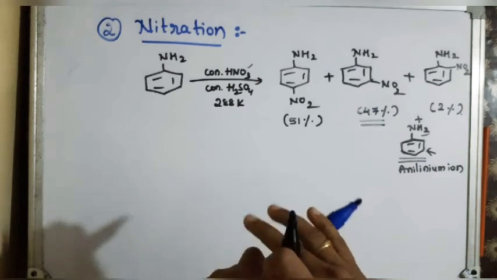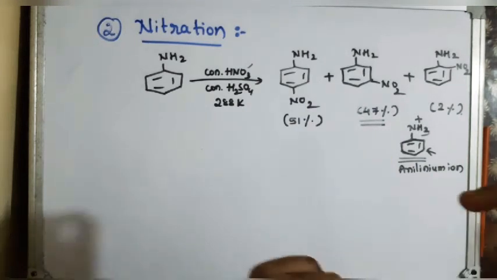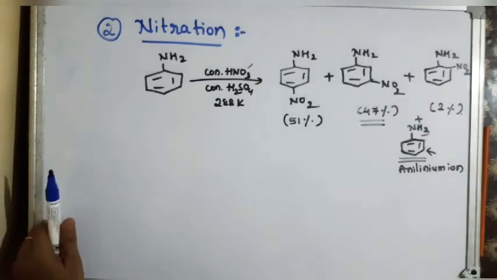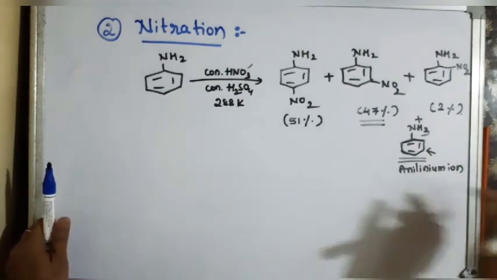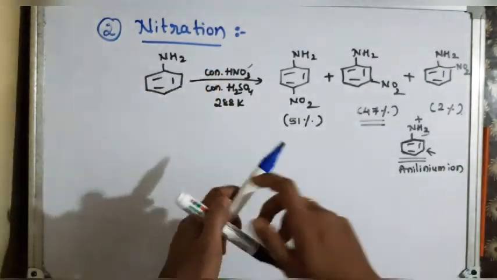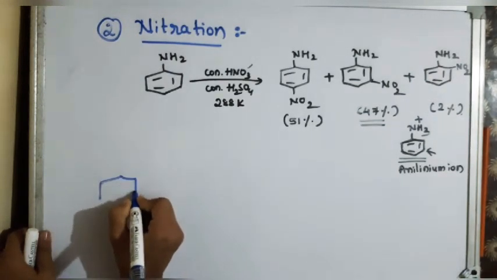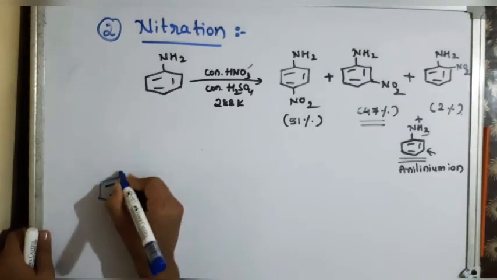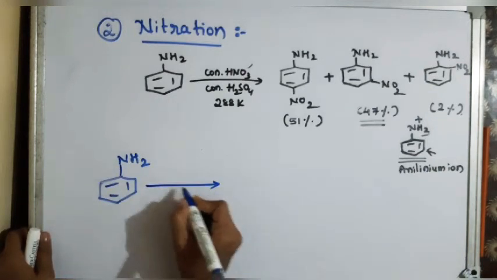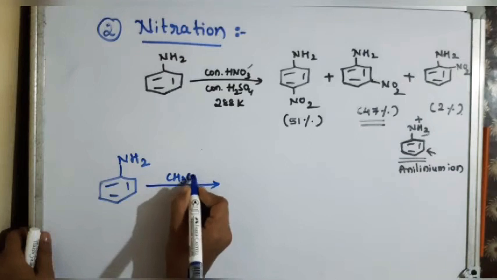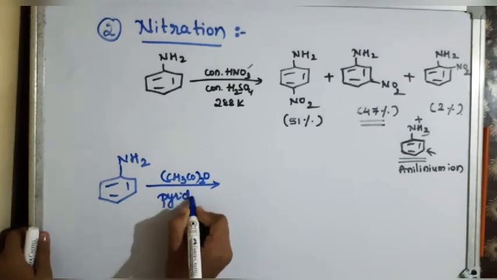So what we have to do to get only a single nitro compound as a major product, or mono-substituted aniline, we have to again protect the NH2 group. How is that done? The same process: first take the aniline, it is subjected to acylation, that is, treatment with acetic anhydride in pyridine.